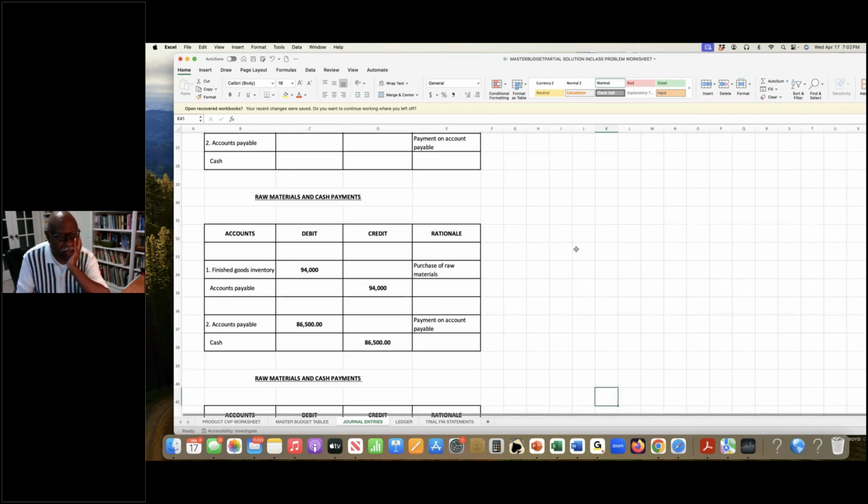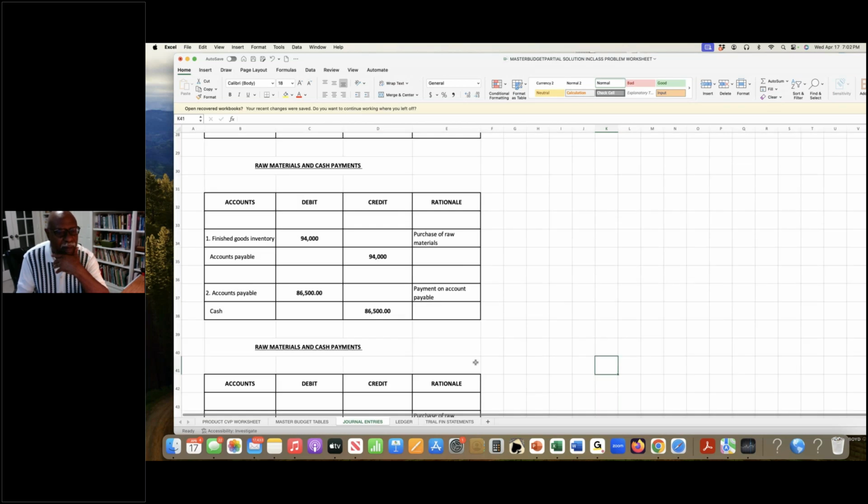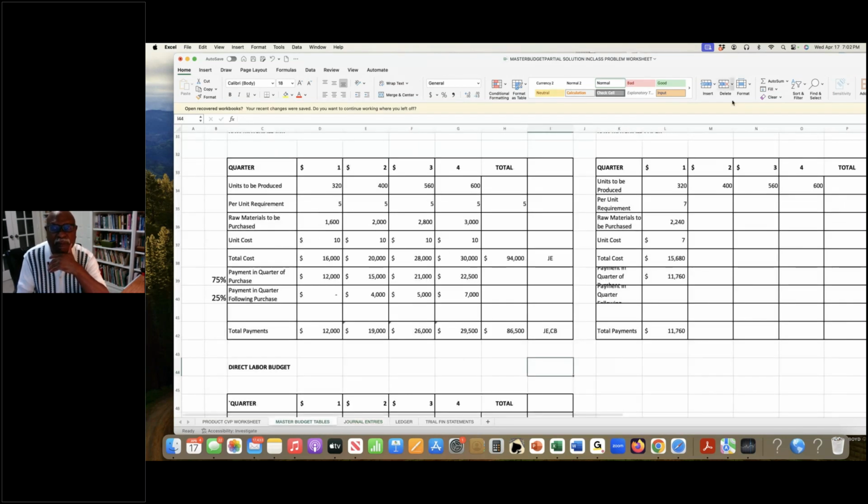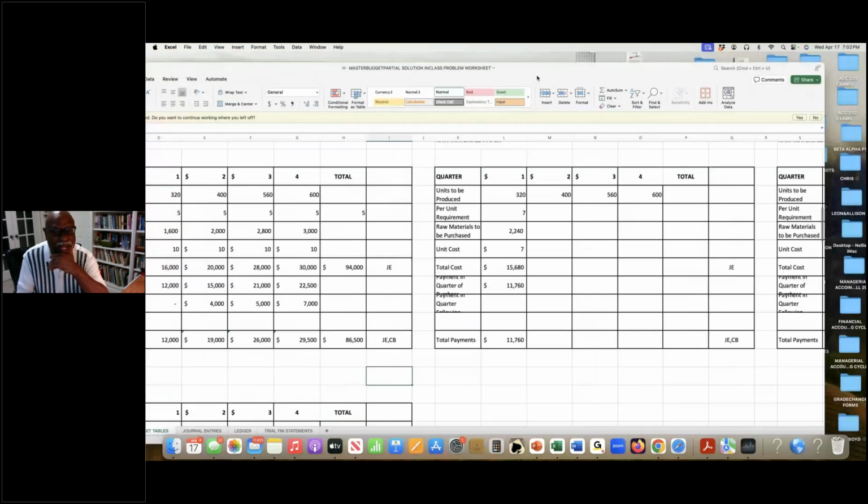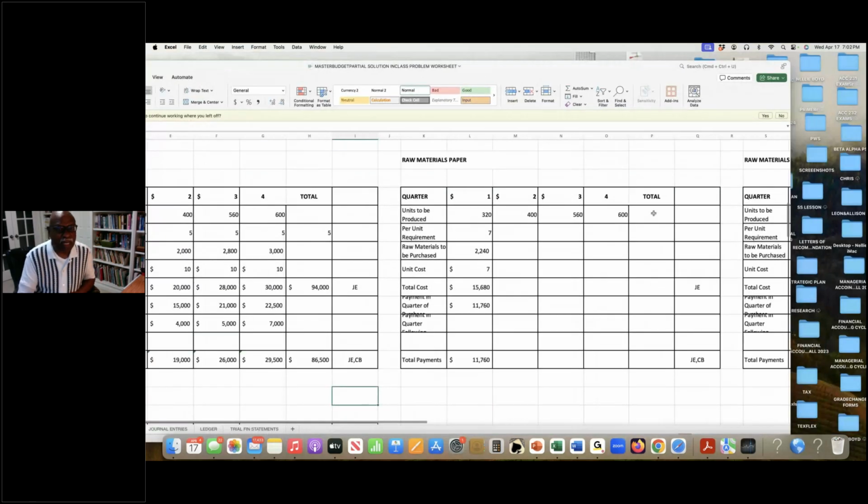Okay, so your job now, in 5 minutes, is to do the raw materials paper. Do the same thing. I already got the quantities in here. The per unit requirement was 7, and the unit cost was 7.